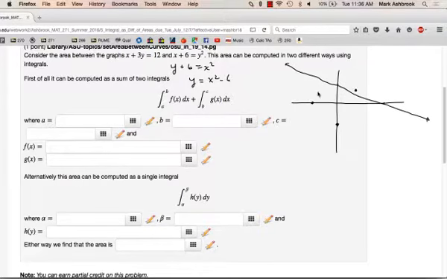This one opened up on the positive x-axis. So this one will open up on the? No. X and y are switched. We're not taking the opposite of things. X and y are flipped. So if this opens up on the positive x-axis like this, this one will open up on the positive y, right?